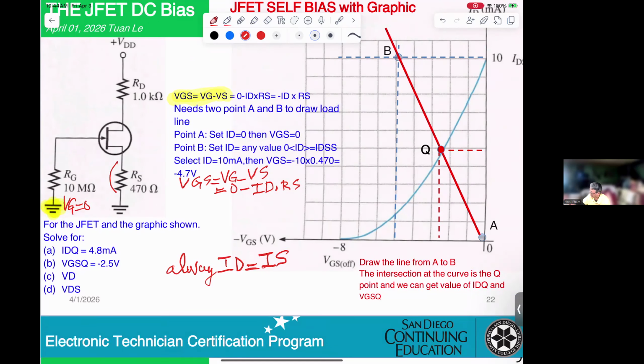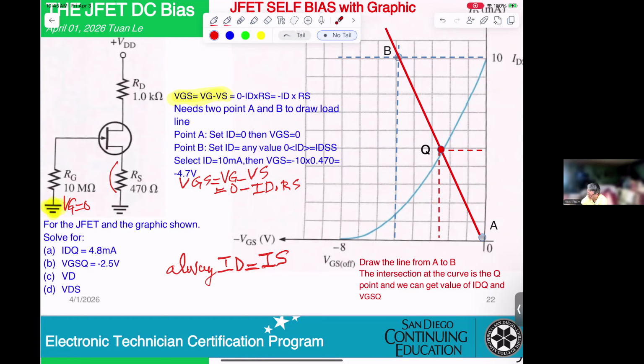So basically, the curve here, if you want to know the value, or get the point on this line, for example, you get the point in here, that will be given to you what ID equal, what VGS equal.